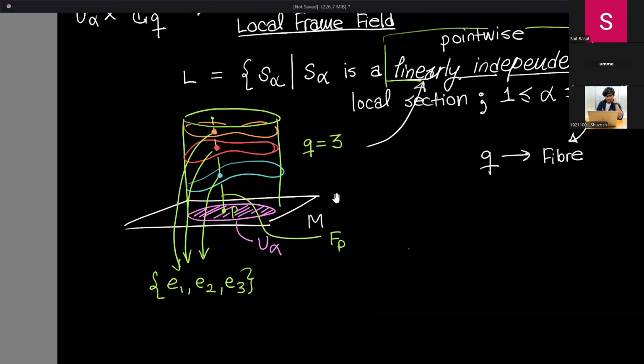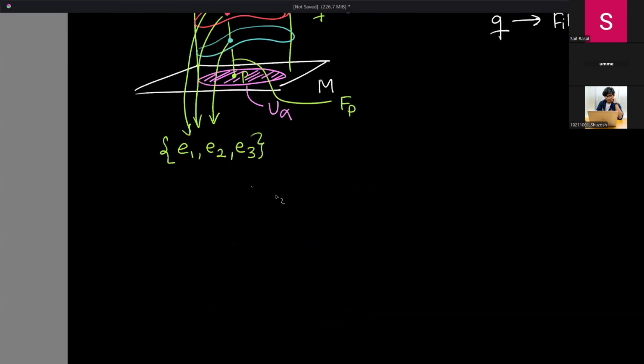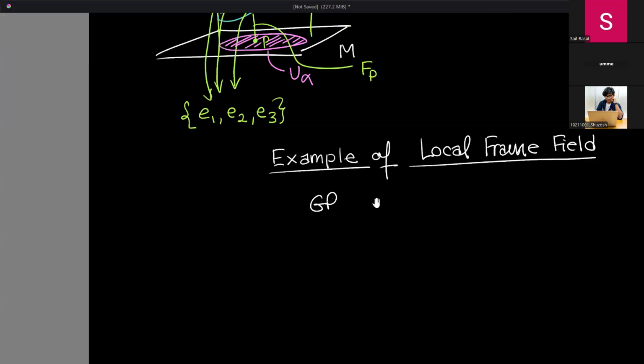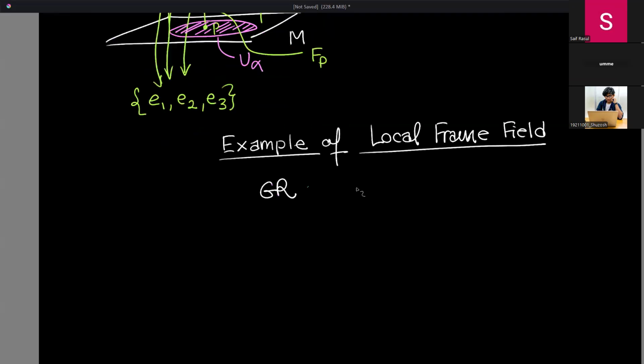So we're going to cap this off by talking about an example of the usage of local frame fields, because I think this will be illustrative. It seems like, where would we use this? But we actually do use this. This is actually used in general relativity, which is an application of differential geometry. So in GR, we have something called the tetrad formalism.